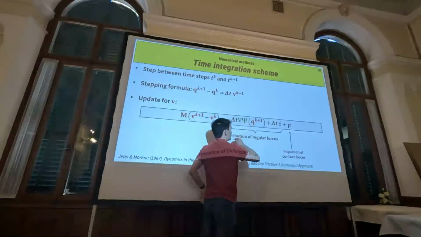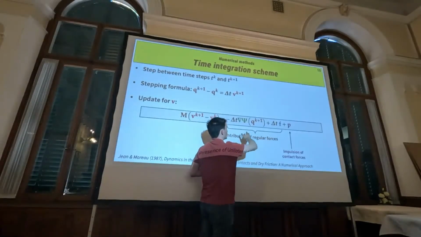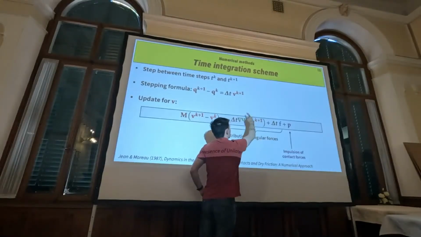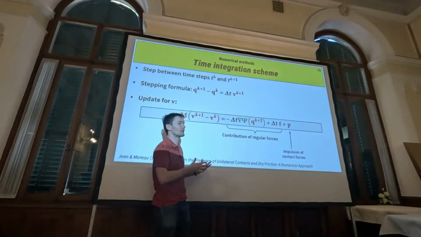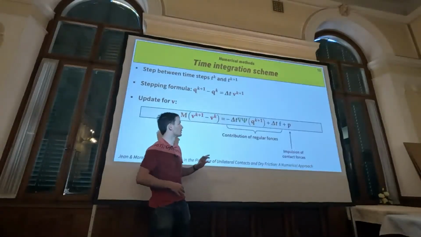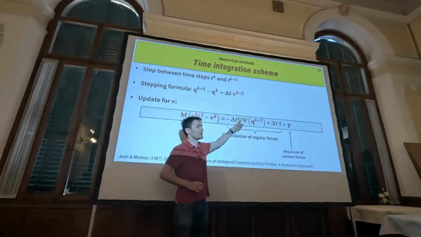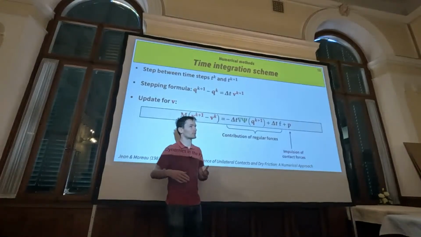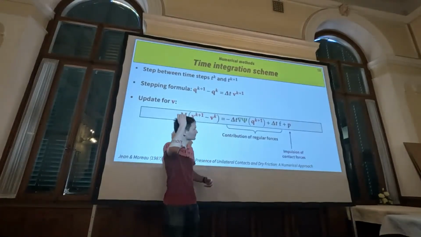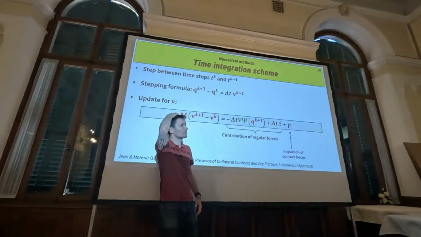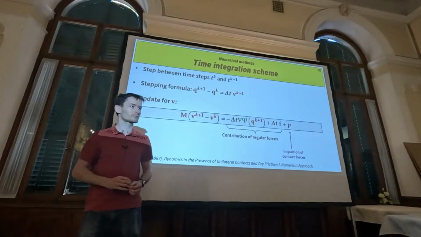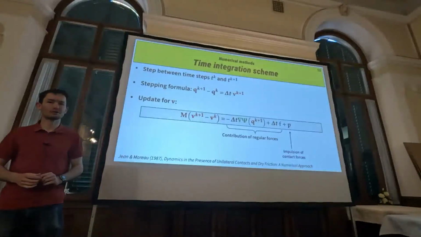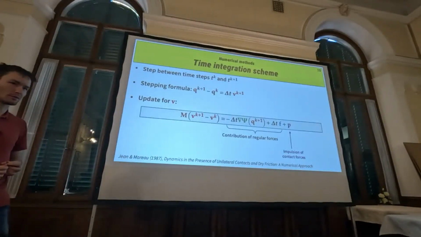As you say, in the free step, this is approximated by a linear approximation from QK, so QK plus the Hessian of psi times QK plus 1, reducing your free velocity, not the impulses. Yeah, we compute the free velocity and then only the contact. It's also something we will look into in the future.